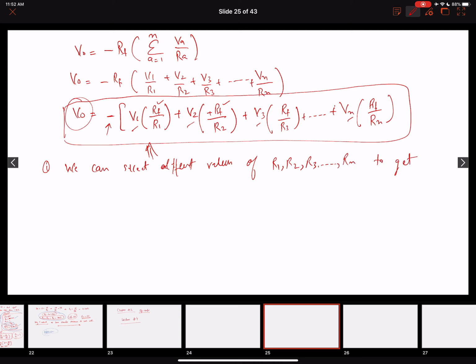We can select to get a particular gain factor for individual inputs by keeping the same RF value. Since our circuit has just one RF, we need to fix the value of the RF, and then we can just change the values of these R1, R2, R3 resistances to get different gain values for the individual voltages.